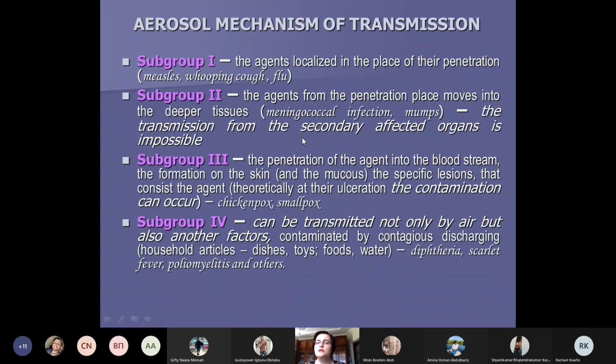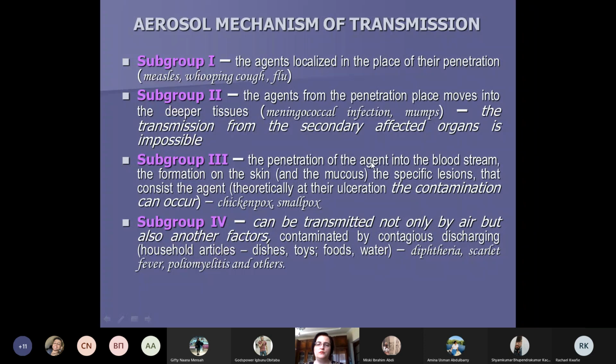Transmission from the secondary affected organs is impossible because, as a rule, you will never catch infection like mumps from the pancreas, or, for example, meningococcal infection. If it is no longer the nasopharyngeal form but already meningitis, as a rule you will never catch this infection from the patient.